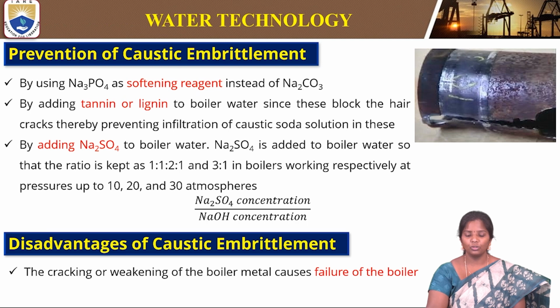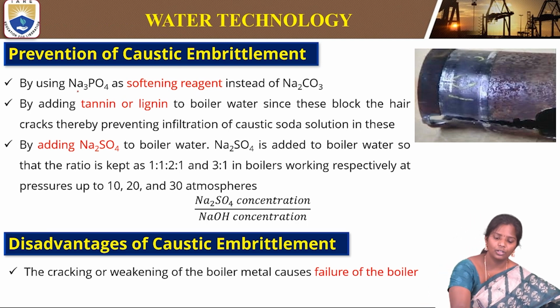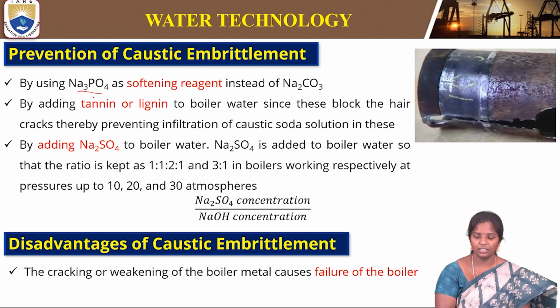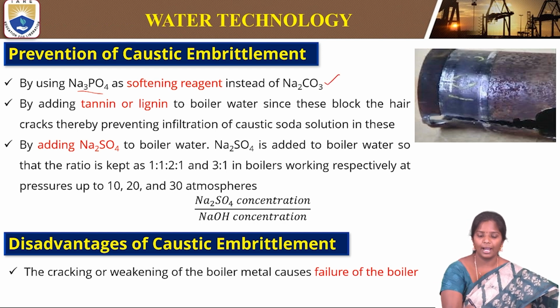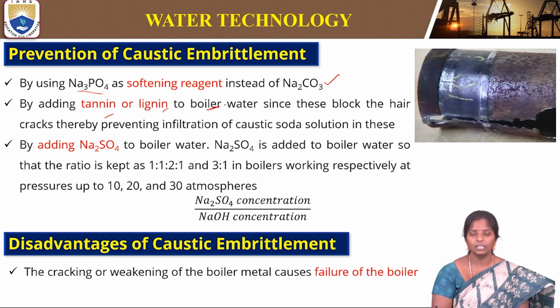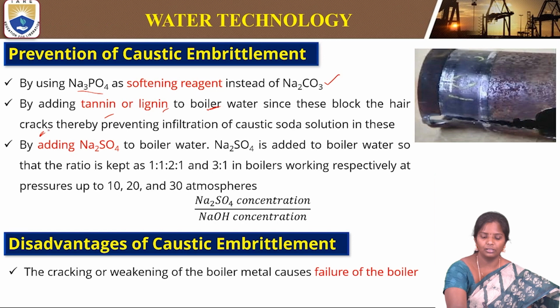So how do we prevent it? By adding sodium phosphate as a softening reagent instead of sodium bicarbonate. Another one is adding tannin or lignin to boiler water, since these block the hairline cracks.